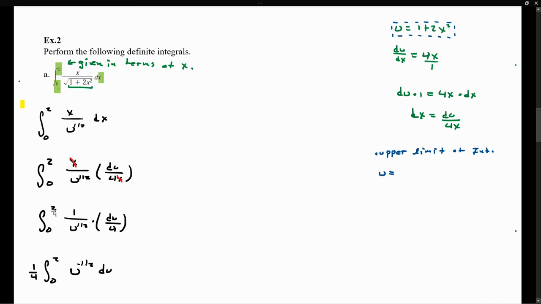Because remember, this 2 is my upper limit, but I want to see the u equivalent when I plug it into my definition here. So if we do that, we're going to get u equals 1 plus 2 to the second, which can be simplified as 1 plus 2 to the fourth, which is just 9. So now that is my new limit of integration in terms of u.